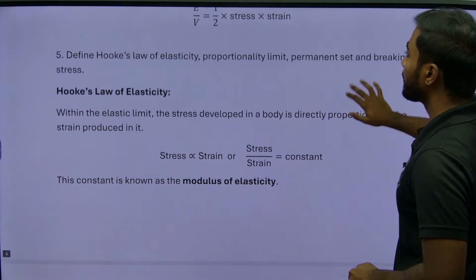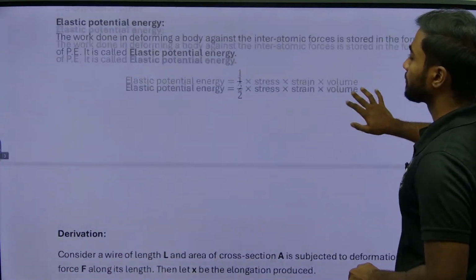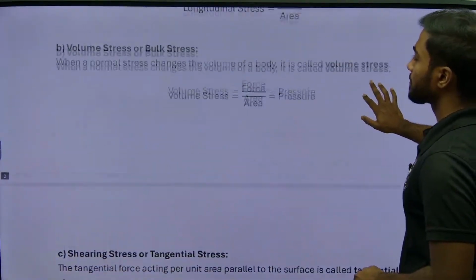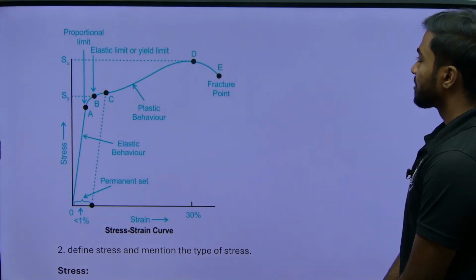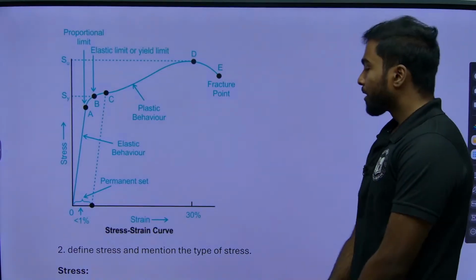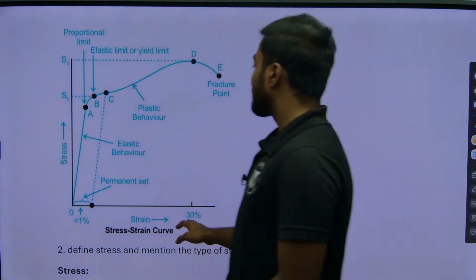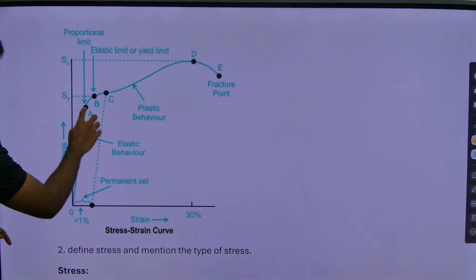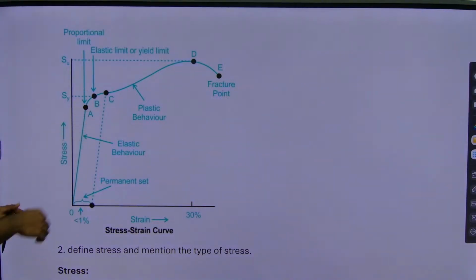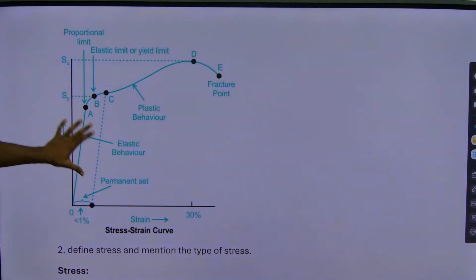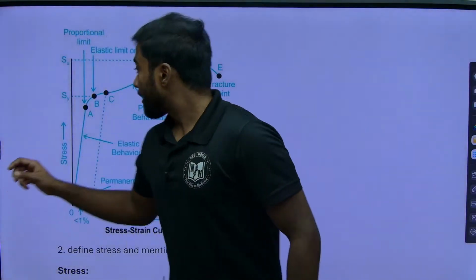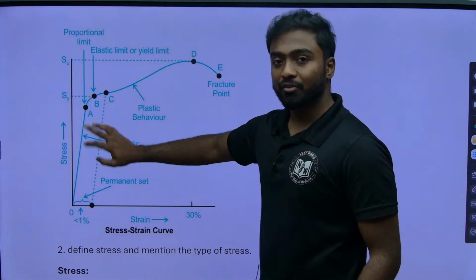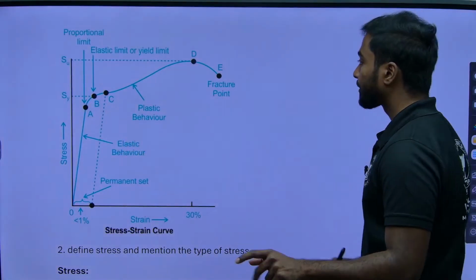So, if you see here, this is the stress and strain curve. When I talk about up to point A, this point A is called elastic behavior. In that region, Hooke's law is applicable, that is, stress is directly proportional to strain.